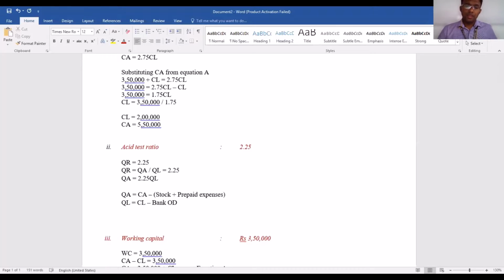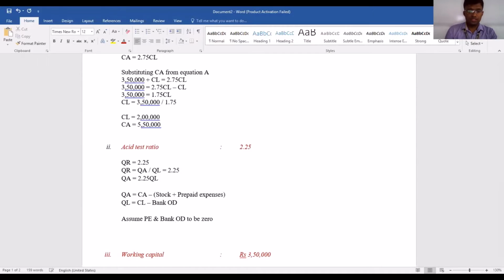Now, if you look over here, we have stock, we have prepaid expenses, and then you have bank overdraft. The question does not have any reference to prepaid expenses. It does not have any reference to bank overdraft. But stock, it has been mentioned in the question. So let us assume prepaid expenses and bank overdraft to be 0.